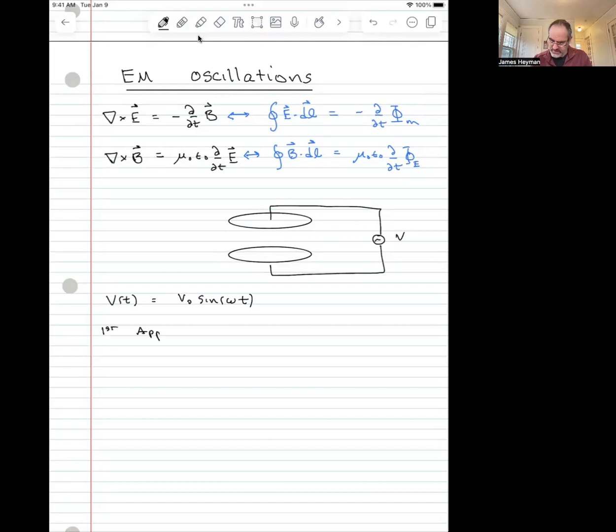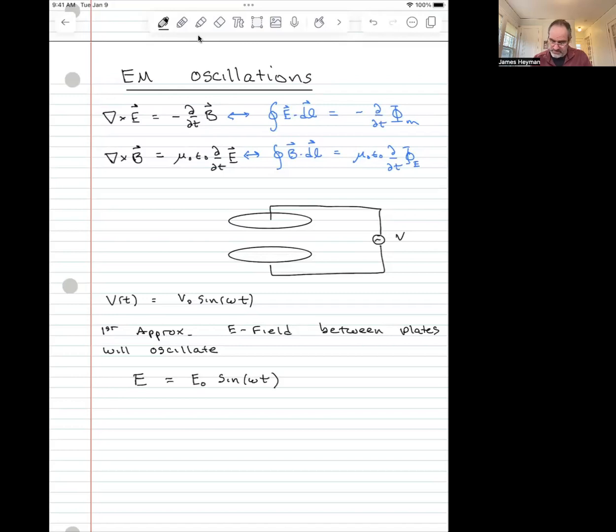To a first approximation, at least, the electric field between the plates should also vary with time, so that the electric field is equal to E0 times sine of omega t.